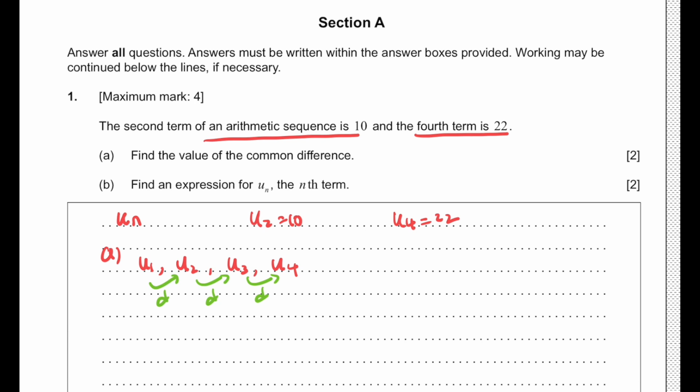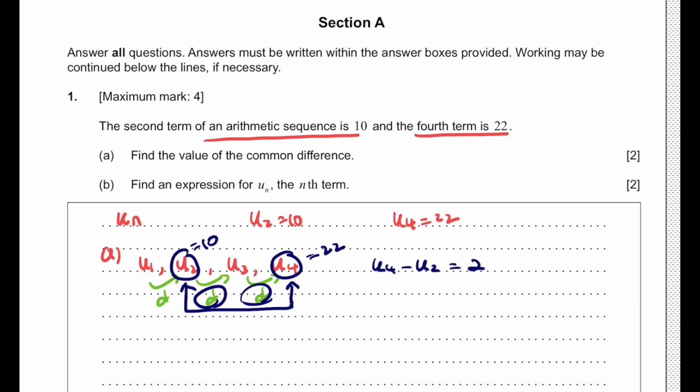So since the value of U2 is equal to 10 and the value of U4 is equal to 22, the only difference between these two values is these two D values. So we can say U4 minus U2 is the same as 2D. The U4 value is 22, U2 value is 10, so 12 equals 2D, or D equals 6.